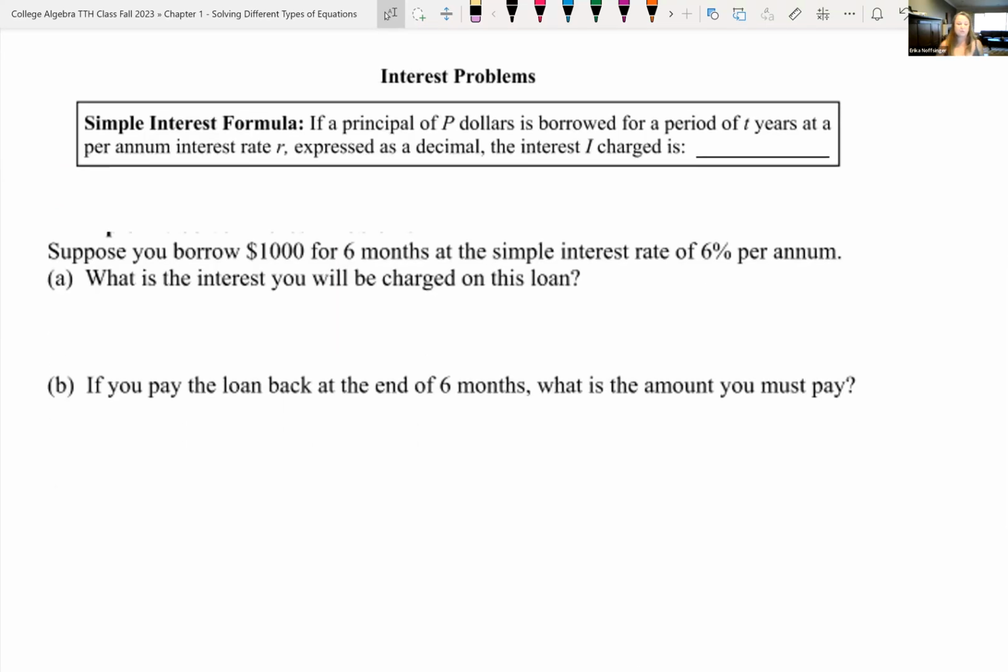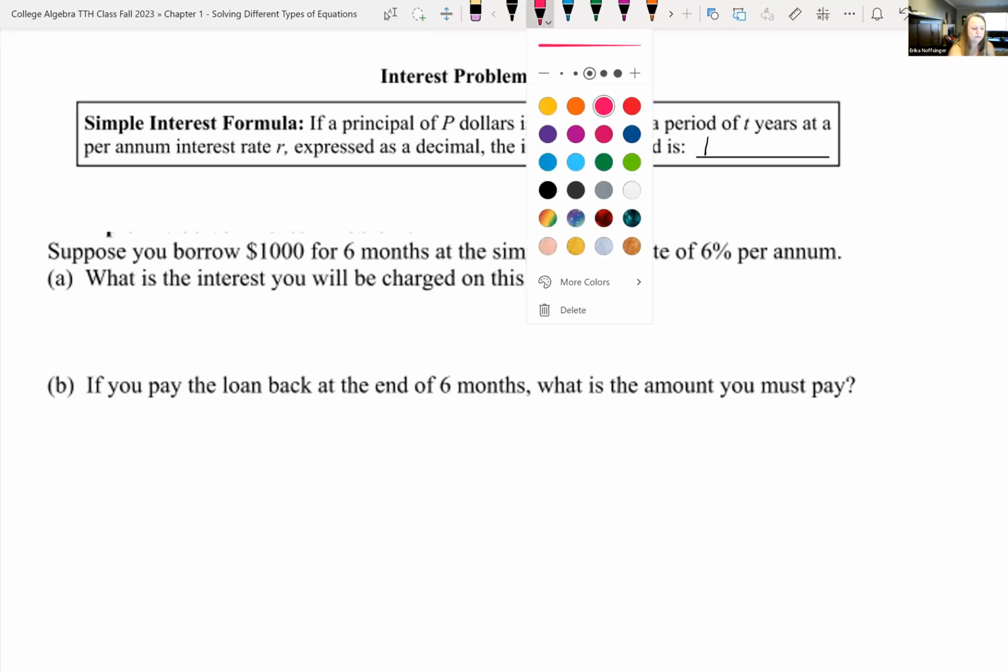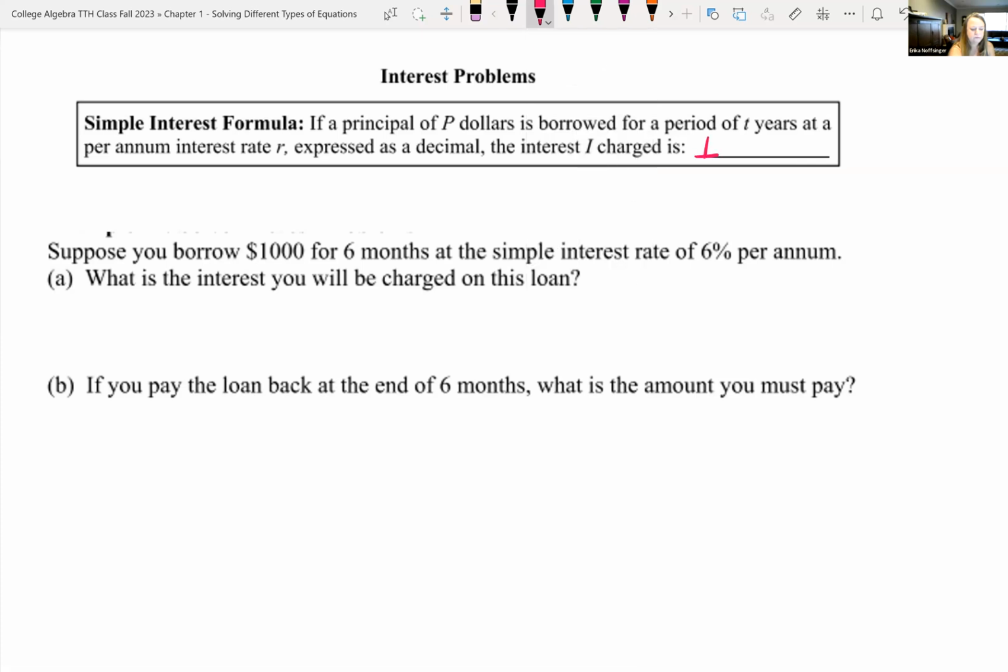So if we're looking at simple interest, then we have the following. If a principal of P dollars is borrowed for a period of T years at a per annum interest rate R expressed as a decimal, the interest I that we're earning is equal to how much we've invested.